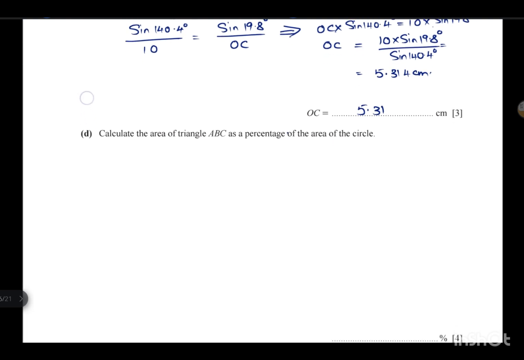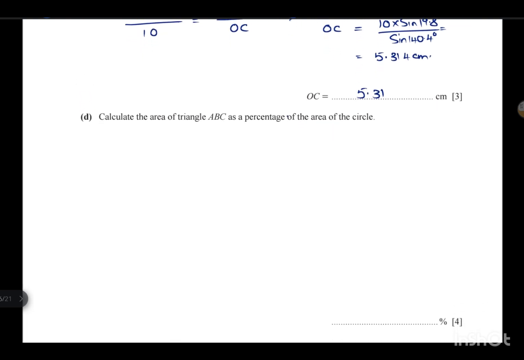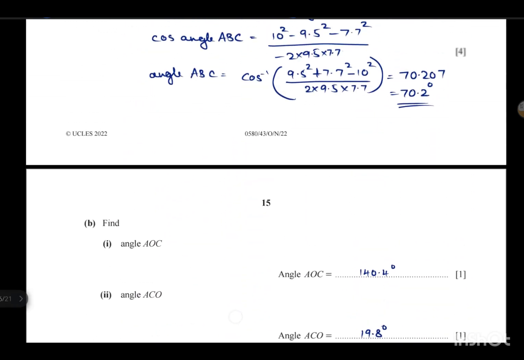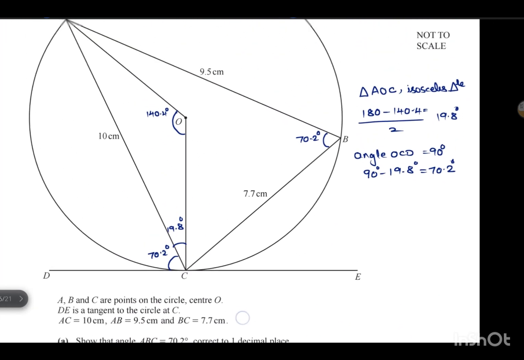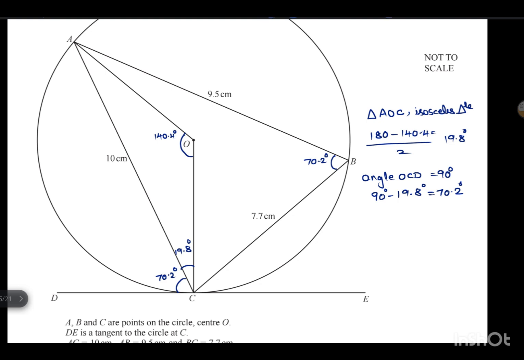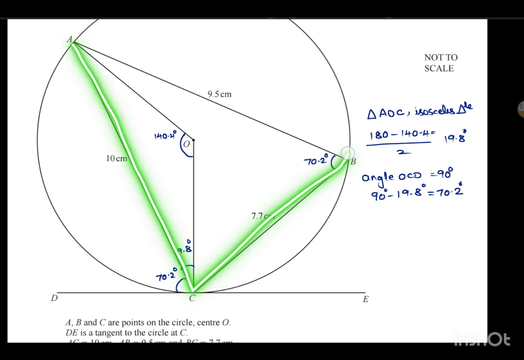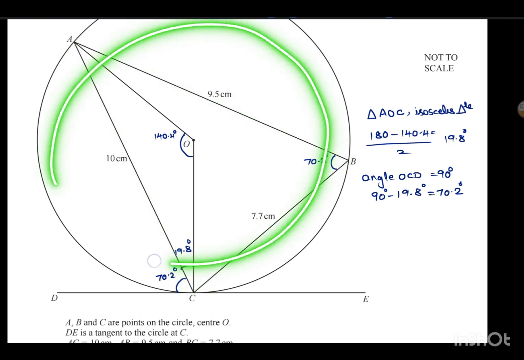Calculate the area of the triangle ABC as a percentage of the area of the circle. We have to find the percentage of the area of triangle ABC. So the triangle ABC, again I'll show you what is ABC here. See, this is ABC. This triangle area we have to find out compared with the whole circle.